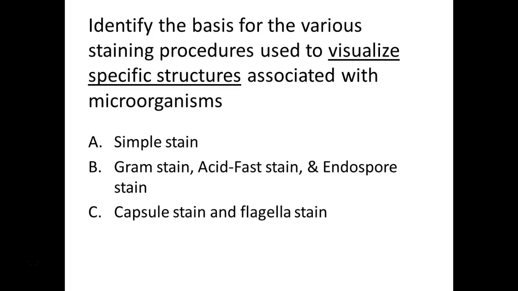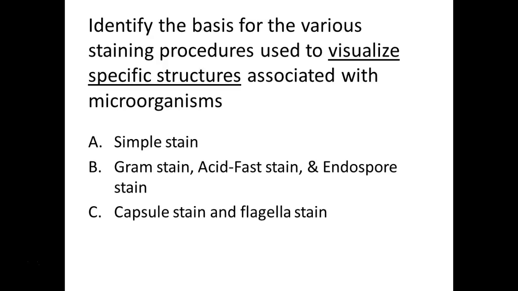So as I said earlier, pretty much to create the contrast we need to visualize the organisms, we're going to stain them. And there's lots of different types of staining procedures that help us visualize specific structures. Simple stains, on the other hand, are just that. They're simple. They're not going to tell us a lot, but they are going to allow us to see the organism.